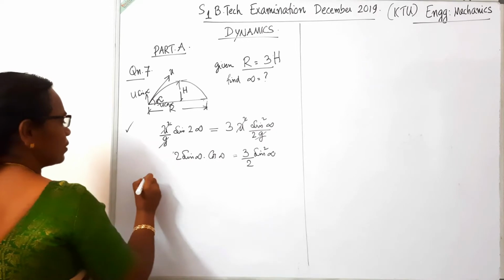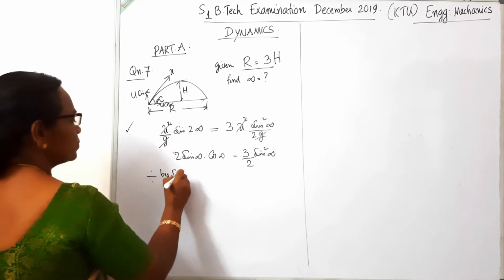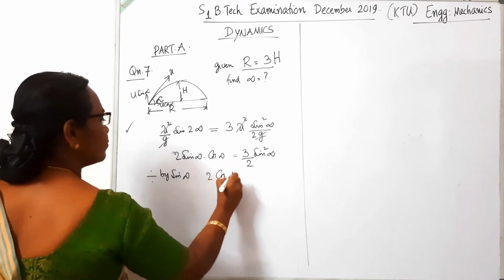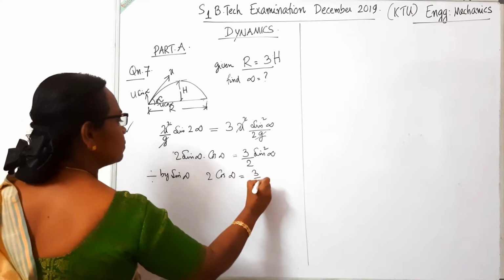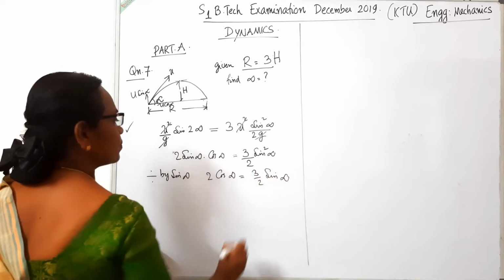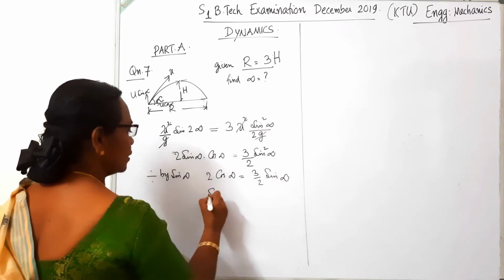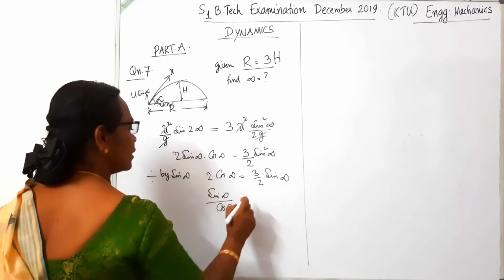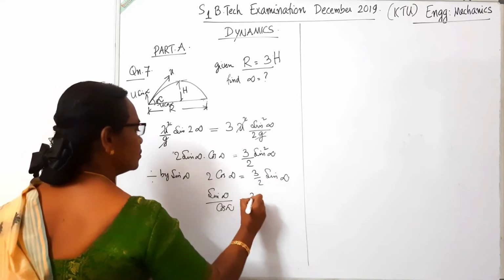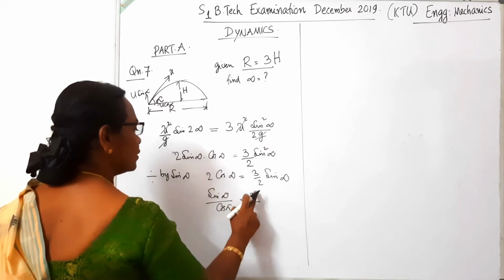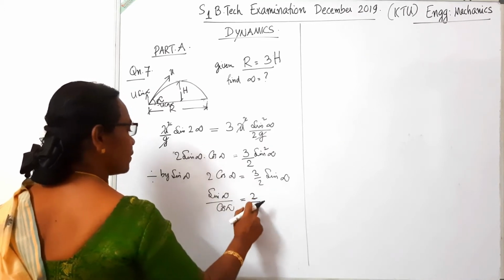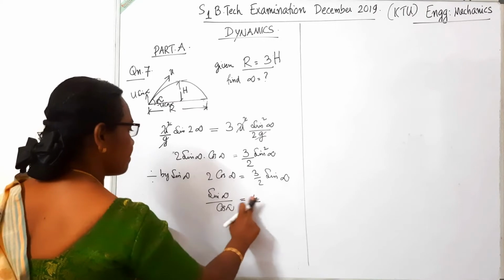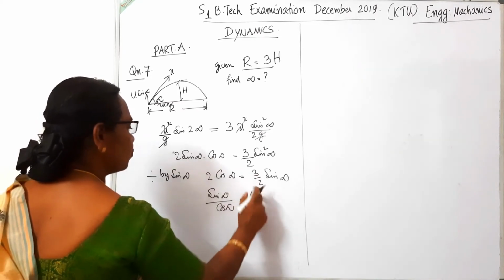Now dividing throughout by sin alpha, you will get 2 cos alpha is equal to 3 by 2 sin alpha. Taking this to the other side, sin alpha by cos alpha is equal to 2 into 2 by 3, that is 4 by 3.